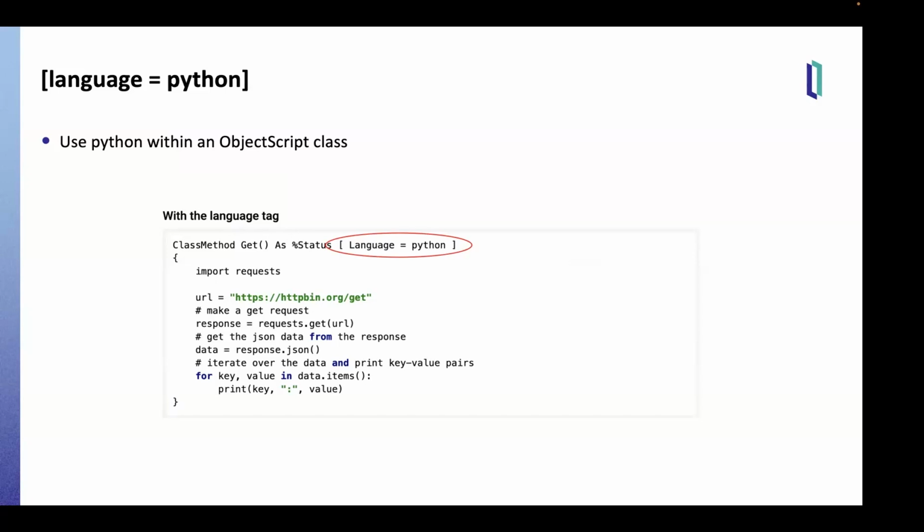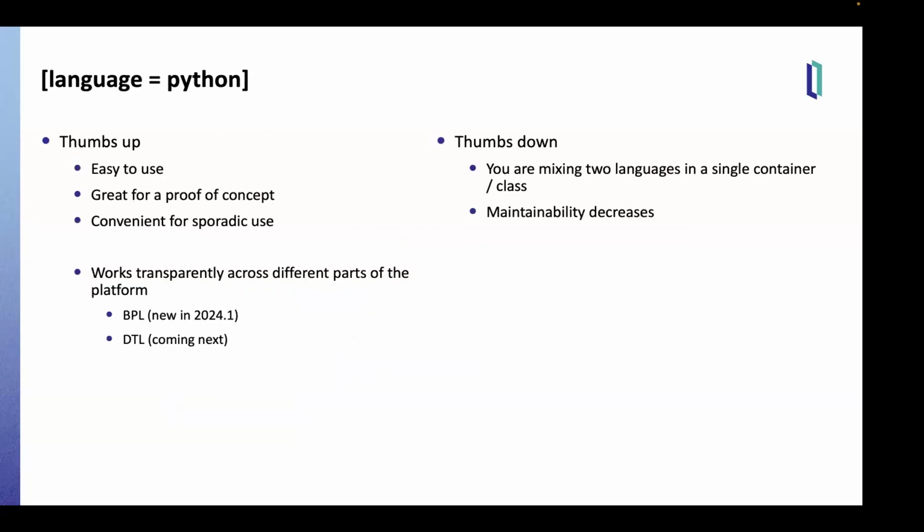You can call this method from an ObjectScript method or from a Python method. That's very transparent to you as a developer. So a great way as an entry point. The good things about this: it's really simple to use. It's great if you just want to quickly prove that an interaction with Python works, and for example, making use of a specific library.